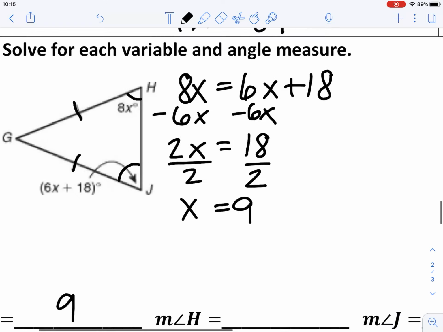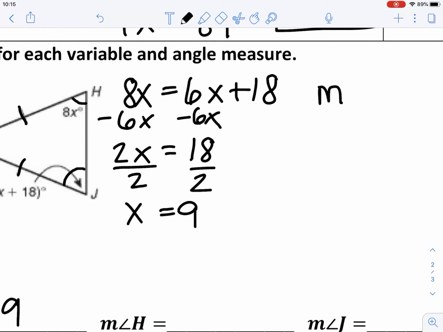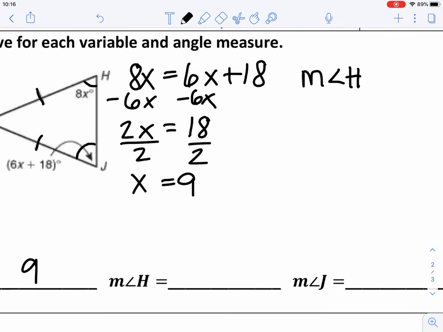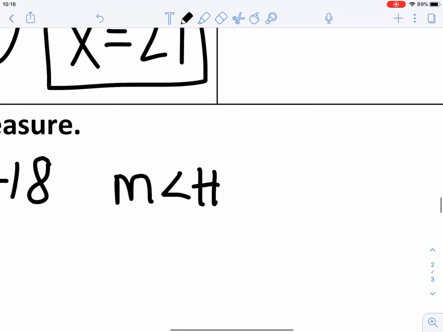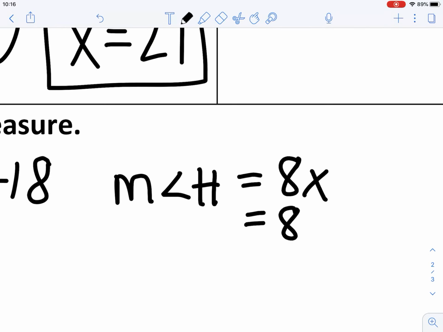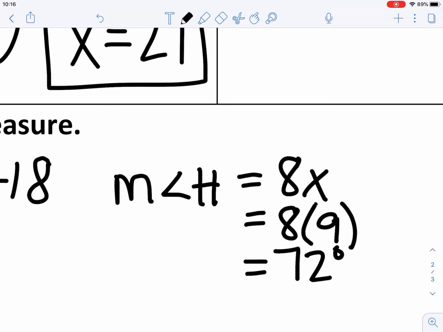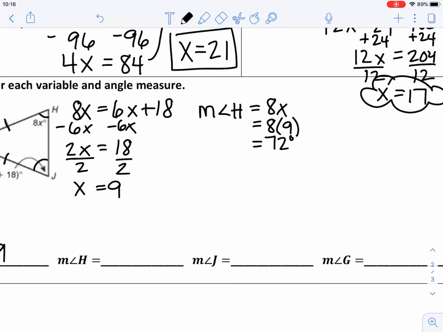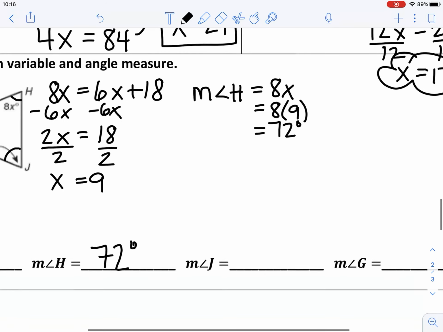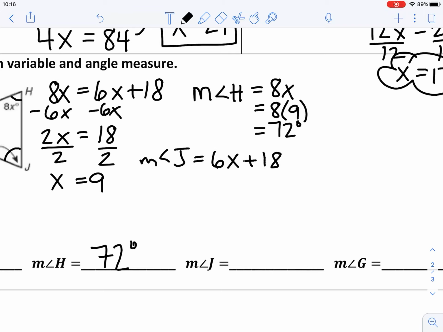Therefore, in solving for the measure of the angles, we'll start with h. The expression for h was 8x. x was equal to 9. Therefore, h is equal to 72 degrees. 8 times 9 is 72. We'll do the same for angle J, as we know the expression for J was 6x plus 18.